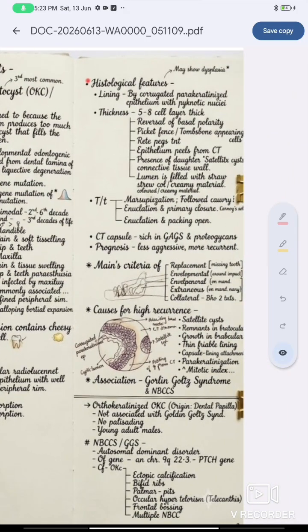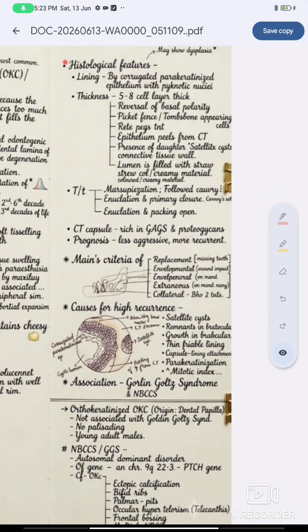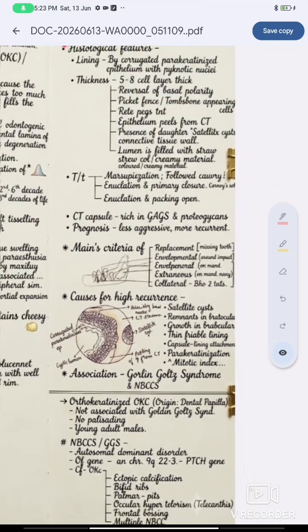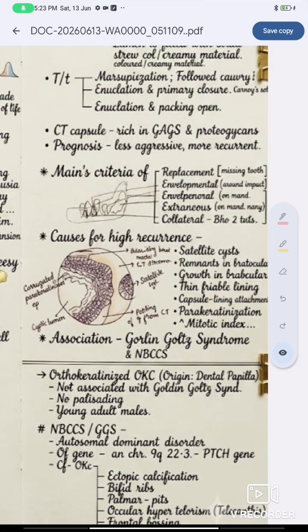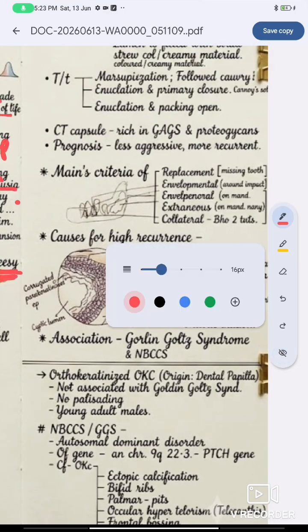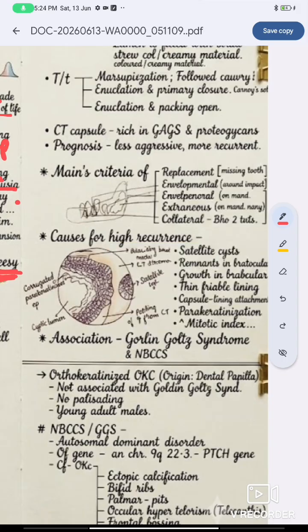Moving further, what are the histological features? So we will start by looking at this diagram. First and foremost, we have a corrugated parakeratinized epithelium. Corrugated means wrinkled.